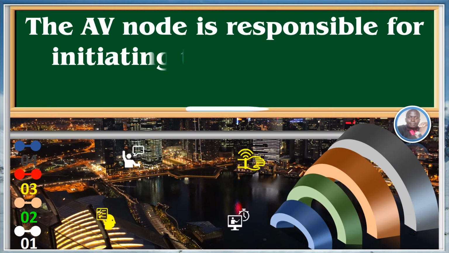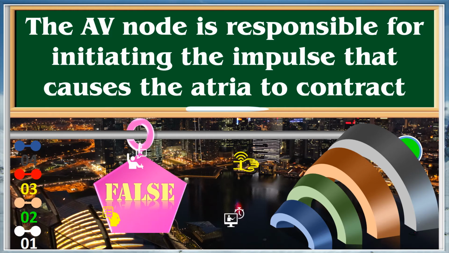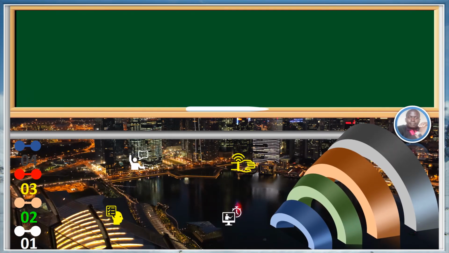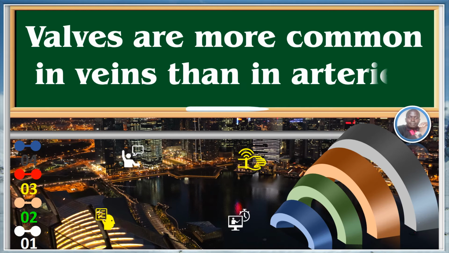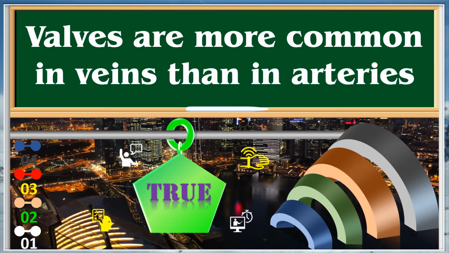The AV node is responsible for initiating the impulse that causes the atria to contract. False. Valves are more common in veins than in arteries. True.